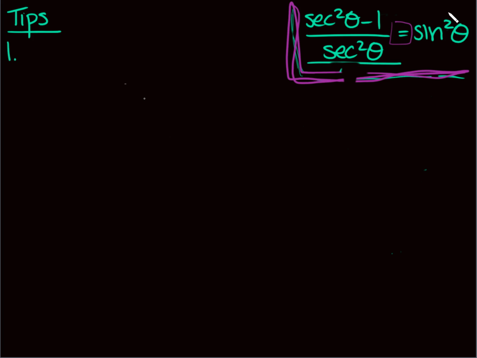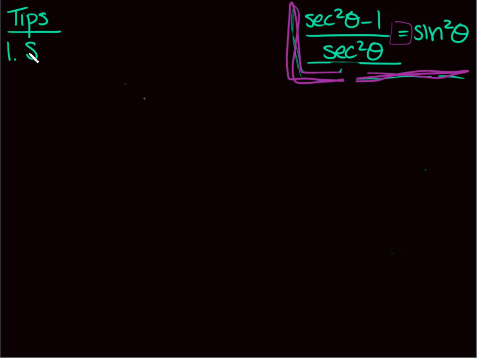If I started with sine squared, I don't really know what to do with sine squared to get all this stuff right here. Whereas if I start with all this right here, maybe I can write it in terms of cosine, or maybe I can factor. I don't know exactly what I'm going to do here. But what I do know is that if I start with the more complicated side, I can do more with it, I can simplify it more.